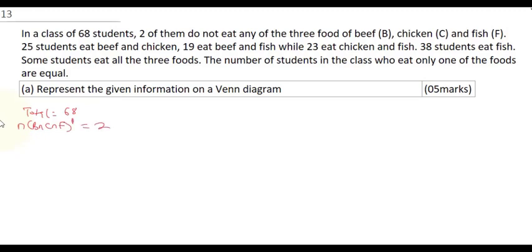Then it says beef and chicken is 25, so N of beef and chicken is 25. Beef and fish is 19, so N of beef and fish is 19. Then 23 eat chicken and fish, so chicken and fish is 23.